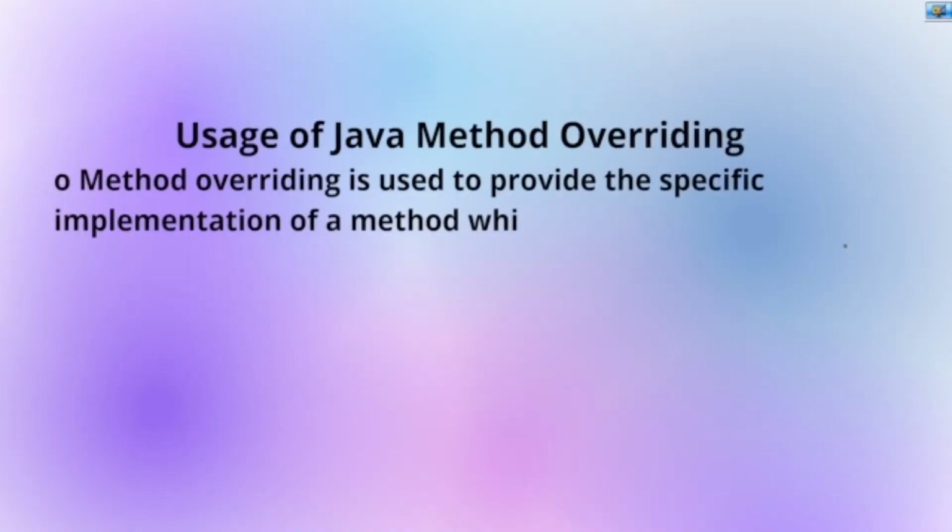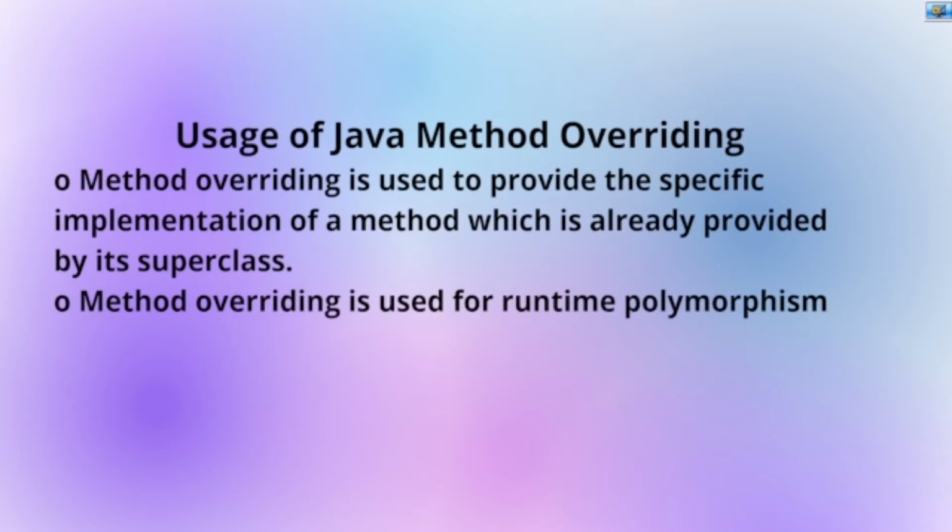Next, let us see what the usages of Java's method overriding concept are. Method overriding is used to provide the specific implementation of a method which is already provided by its superclass, as was told earlier.